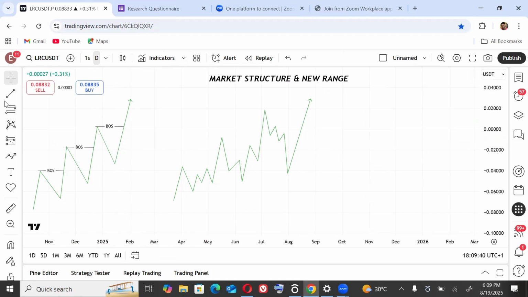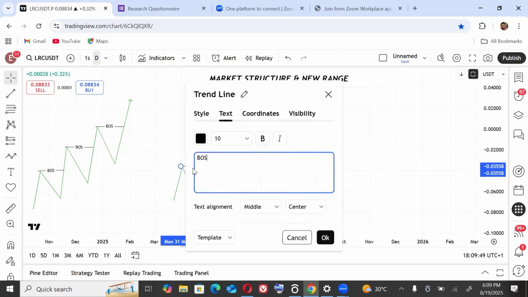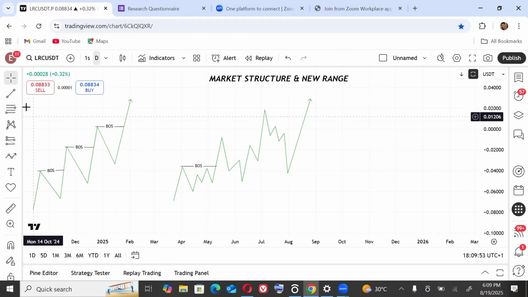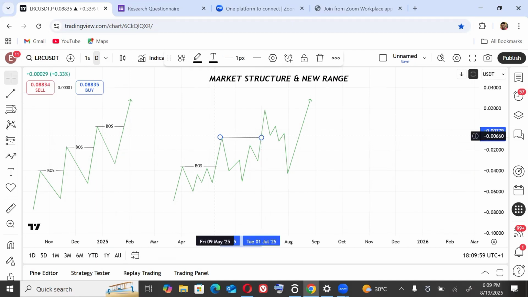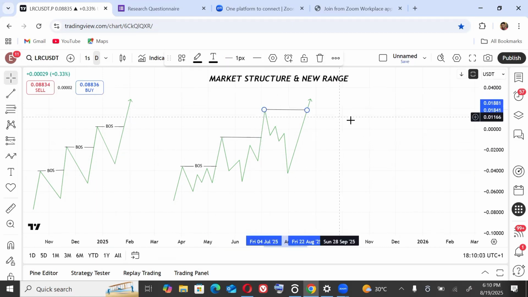Right now, on the same spectrum, look at this. This is a BOS here. This is a BOS. This is a BOS. And here is a BOS.